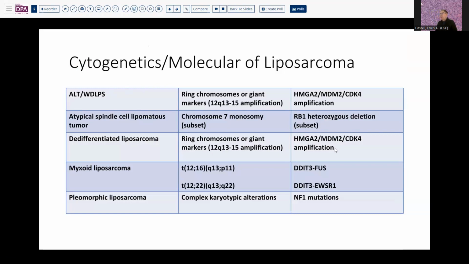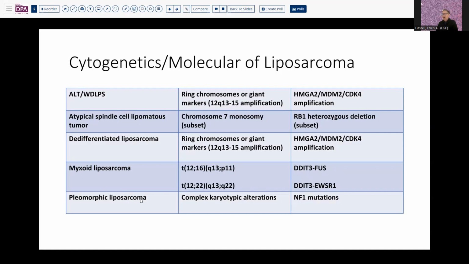And similarly, with myxoid and pleomorphic liposarcoma, where we have a variety of possibilities, the immunohistochemical route is not open to us. Importantly, with myxoid liposarcoma, the fusion partner is DDIT3 with a variety of possible genes. And many laboratories will have probes that can detect a FUS gene or EWSR1 because those are obviously fusion partners with other soft tissue sarcomas that we see more frequently.